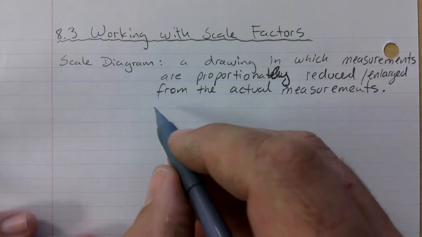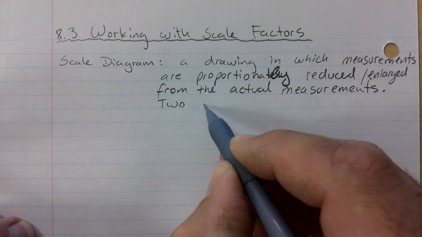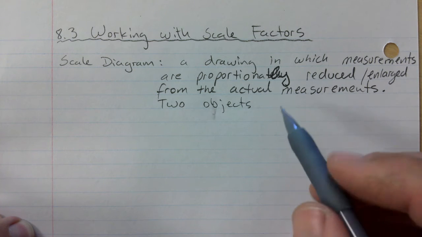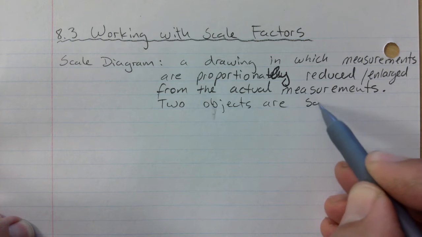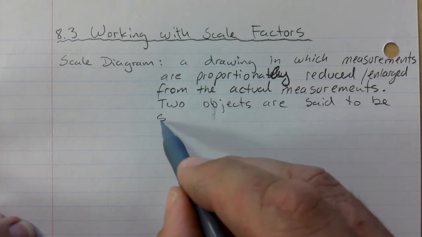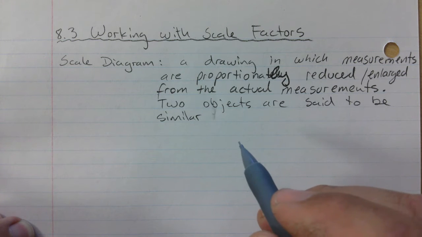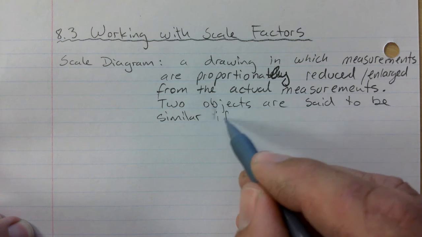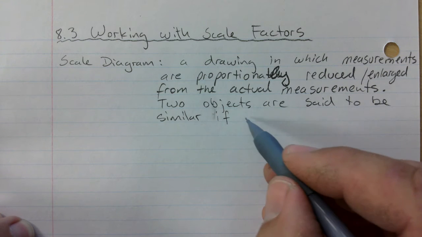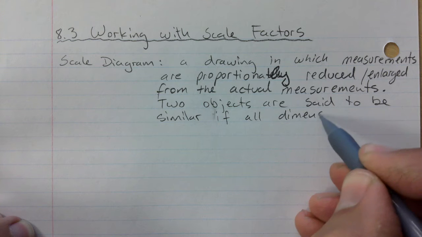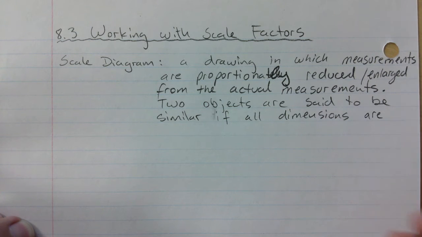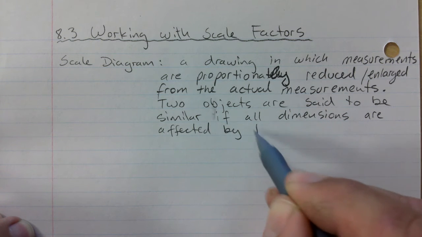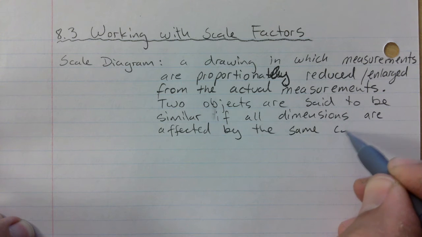Okay. Two objects are said to be similar if all dimensions are affected by the same constant.